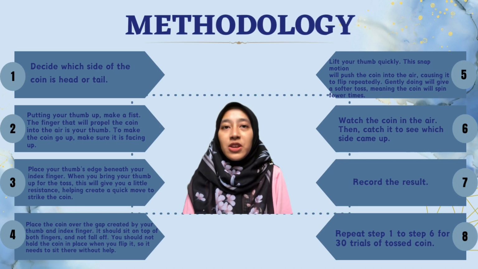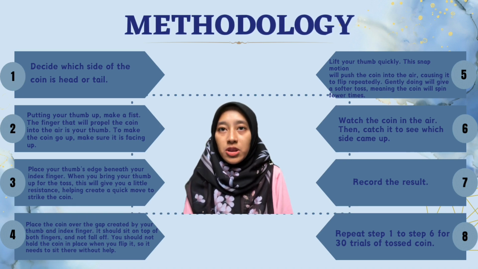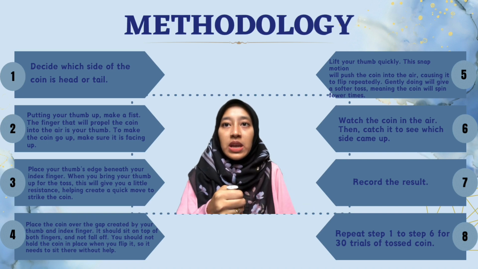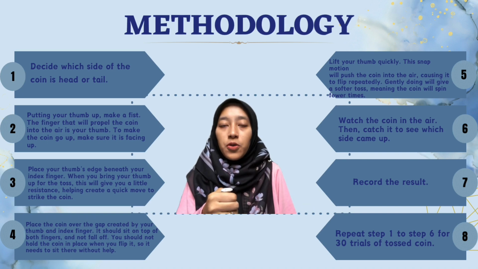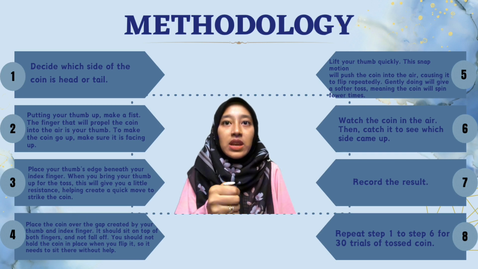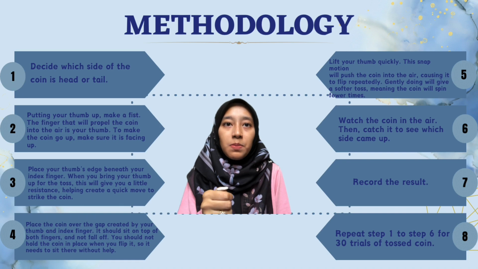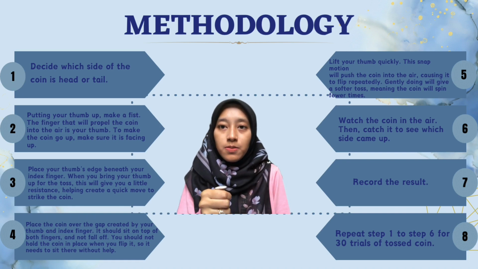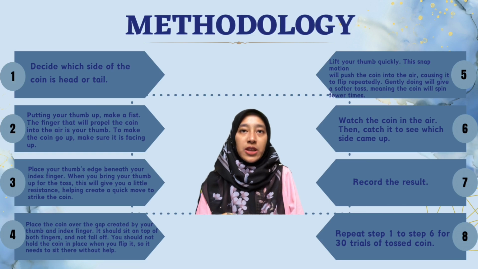Fourth, place the coin over the gap created by your thumb and index fingers. It should sit on top of both fingers and not fall off. You should not hold the coin in place when you flip it, so it needs to sit there without help. Fifth, lift your thumb quickly.